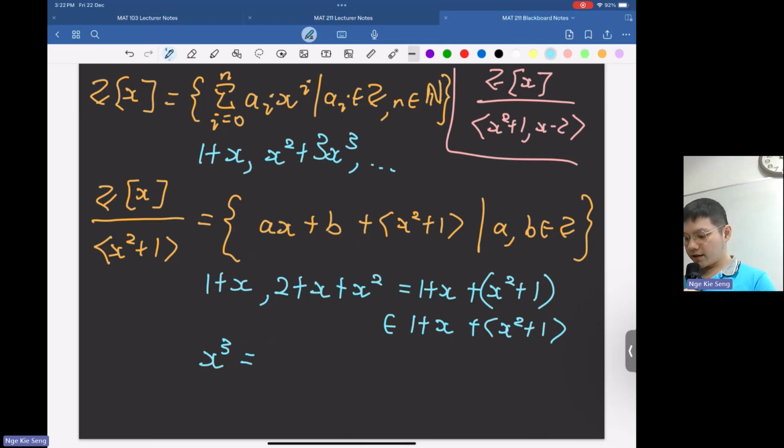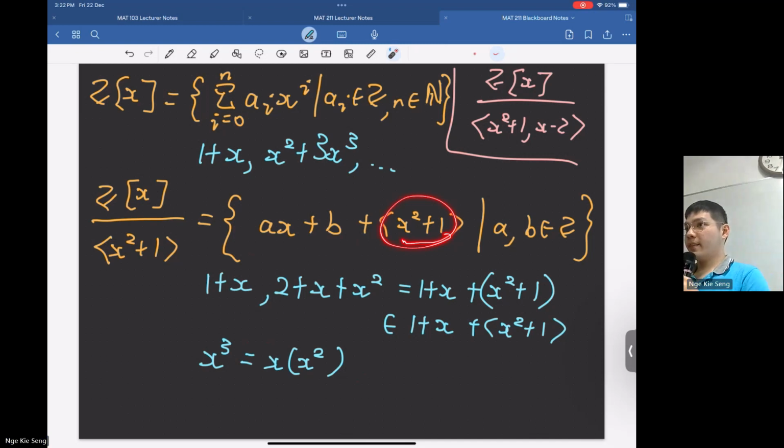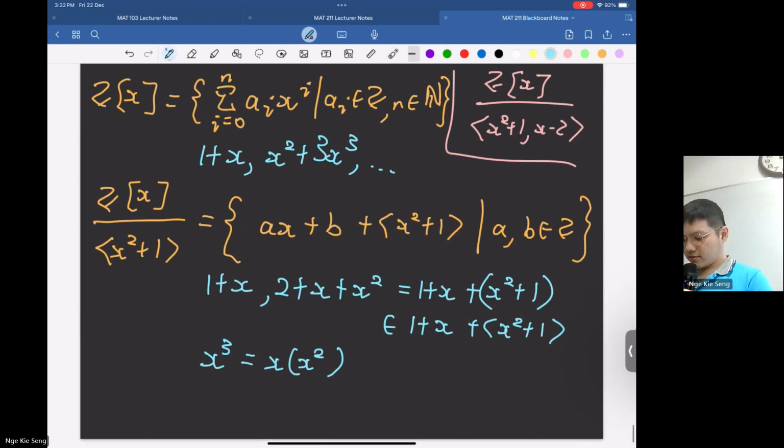I can rewrite x cubed as x times x squared. To create something in the ideal, I still need a plus 1. What can I do? I can do a magic, the magic that we always do in mathematics. I add and subtract x.